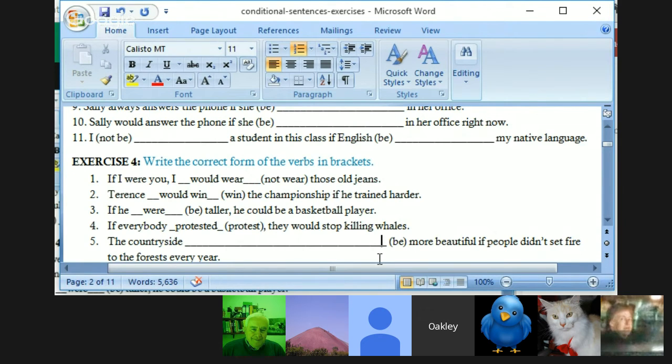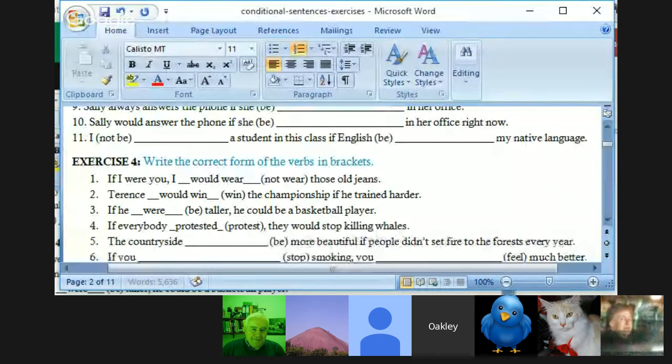Good job. All right. Roberto, try number 5. The countryside would be more beautiful if people didn't set fire to the forest every year. What? Crazy. Okay. Would be. Yes.